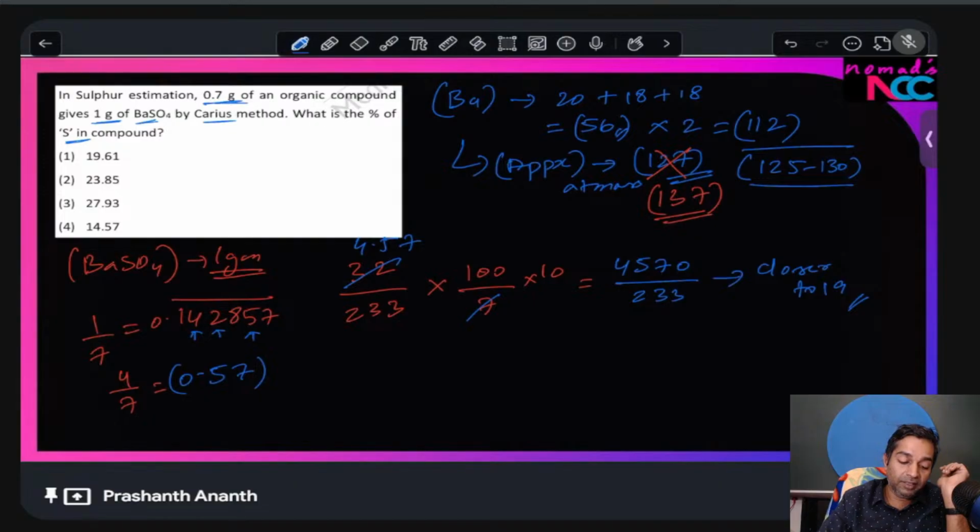So the best answer in this case would be option 1 if we are to pick the answer among the 4. If this is given as a numerical, no escape, sit and solve. But if you have to pick the best answer among the given options, definitely the answer is 19.61.